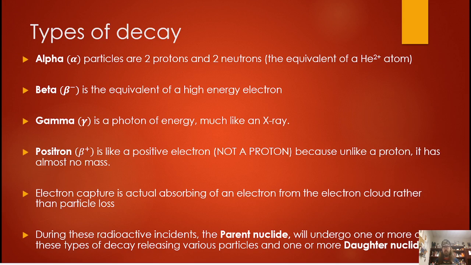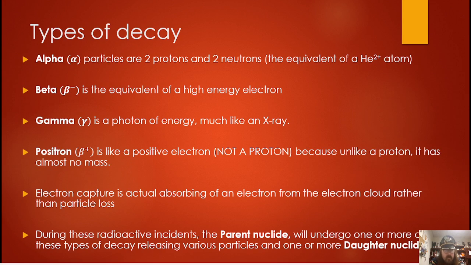Remember, this is not necessarily containing electrons, so it's not just a helium atom, but it has the mass, essentially the equivalent of a nucleus of a helium atom. So the alpha particle is heaviest, it's slowest, and has the least penetrative power. Most people's skin, the layers of dead skin, will block alpha particles.